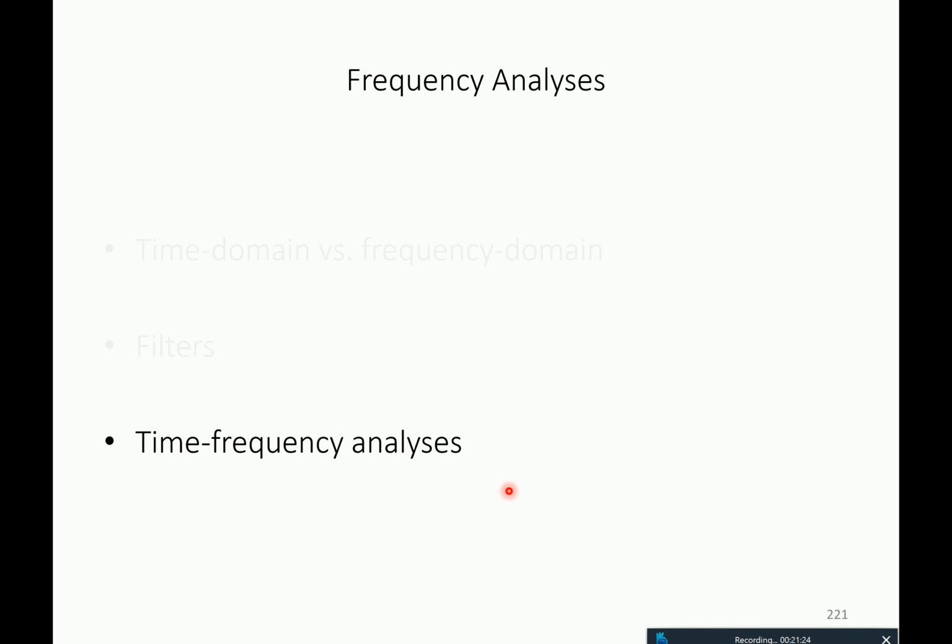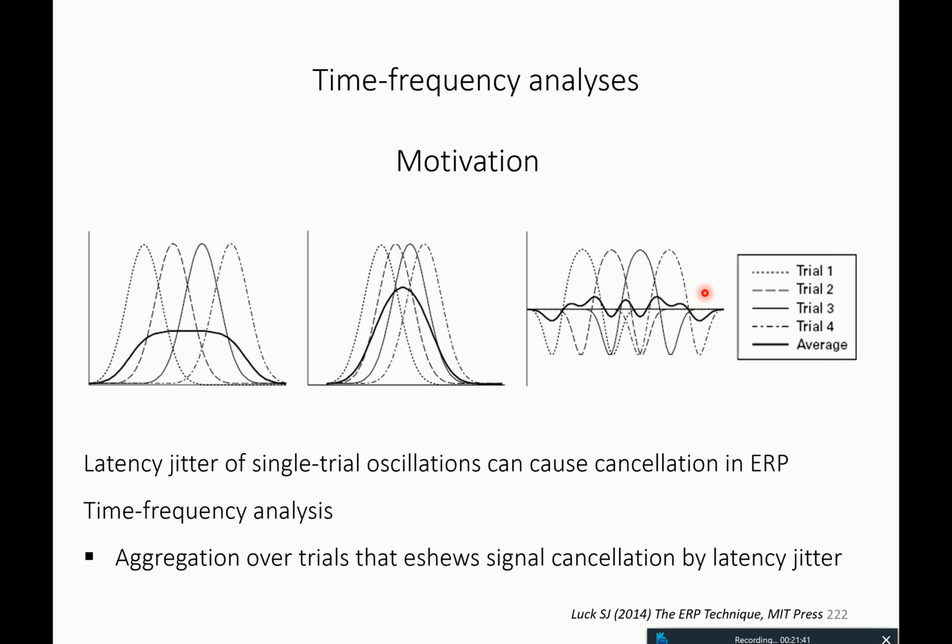The motivation, and this is what we saw yesterday, for looking at time frequency analysis is that over different trials, in a given condition at a given electrode site, you might have some consistent activity in terms of a frequency profile. Here you see these curves of different trials.